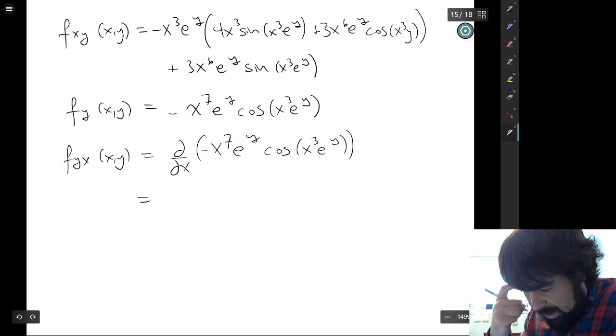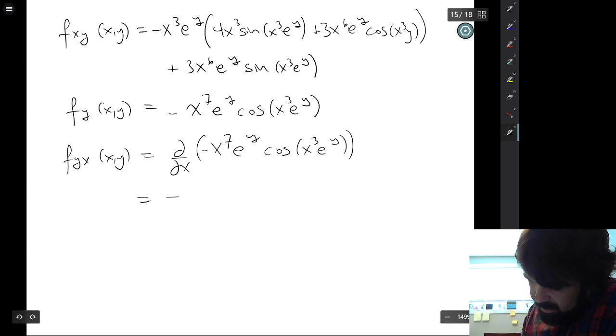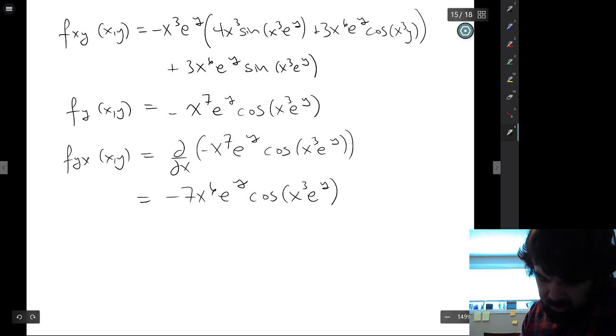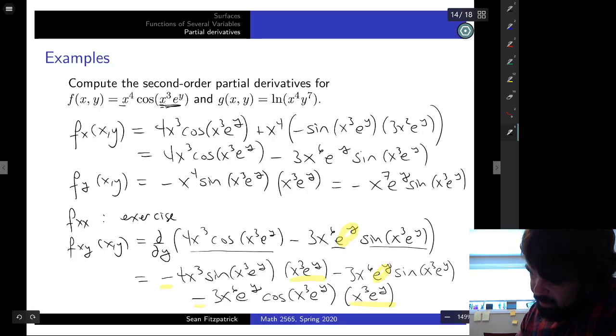So let's see, what do we get? Minus 7x to the 6 e to the y cosine of x cubed e to the y. Okay. Wait, is it cos? Sine. Sorry.